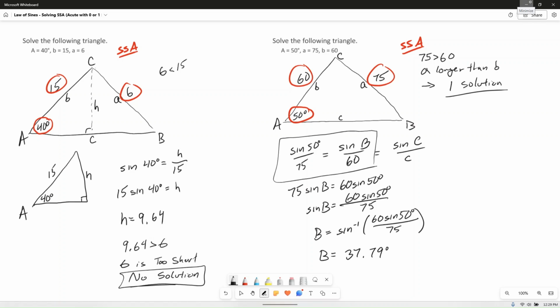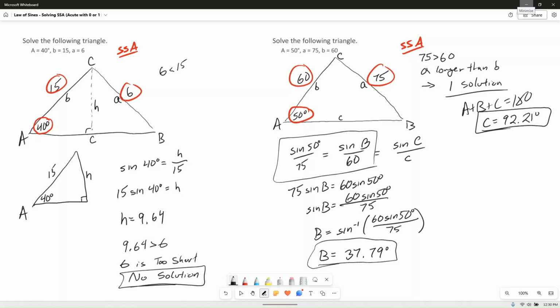Okay, so we now know angle B. We already had angle A, we now have angle B. So to find angle C, again, we can just use the fact that A plus B plus C has to be 180 degrees. And that means C is going to be 180 minus 50 minus the angle we just found, so minus 37.79. So that means C is going to be 92.21 degrees.